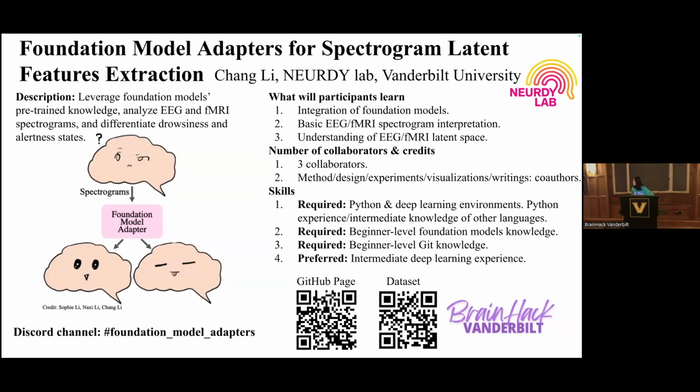So we compute the EEG spectrogram and the fMRI ROI spectrograms and leverage the visual foundation models' pre-trained knowledge to extract visual features from the spectrograms of different modalities. Through inference, we expect the model can learn the spectrogram features of fMRI linked to alertness from the EEG spectrogram, which is a more direct representation of a human's alert state.